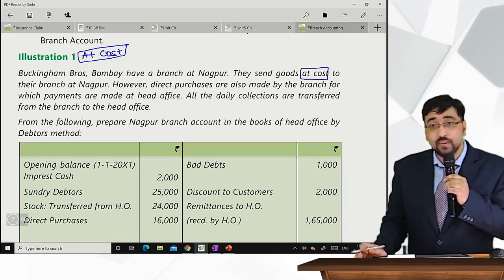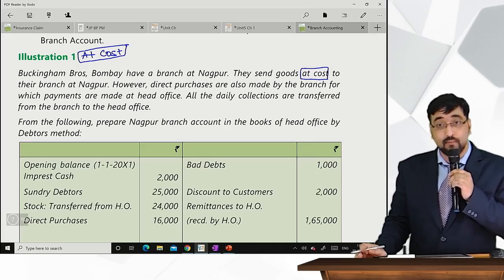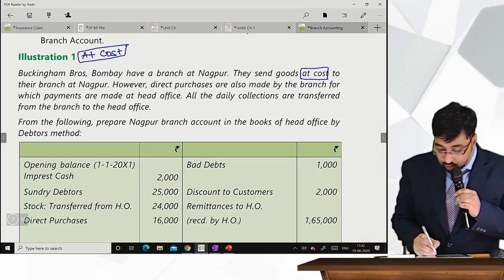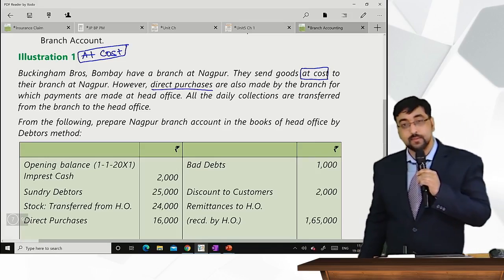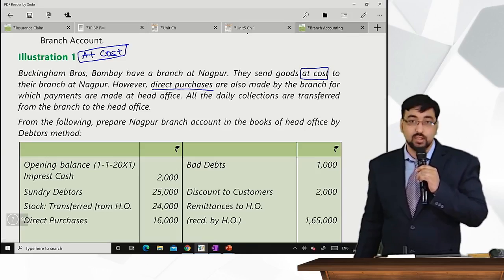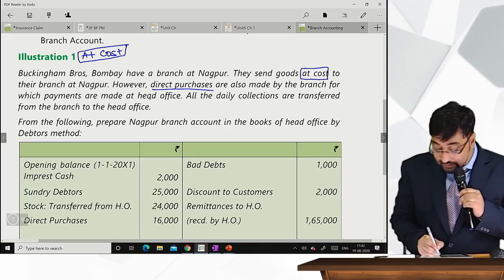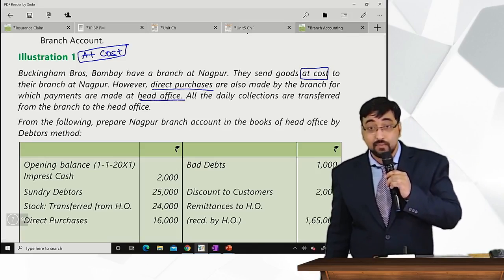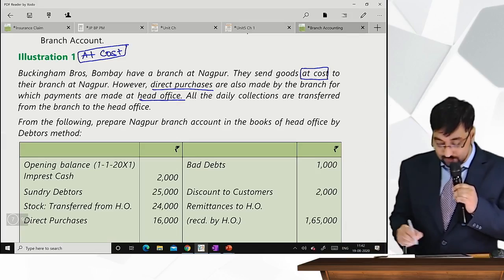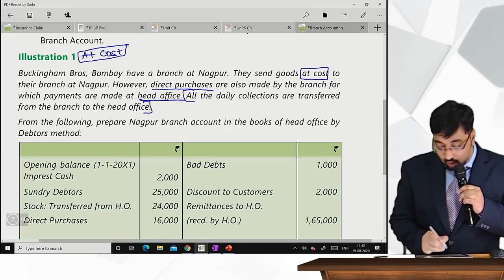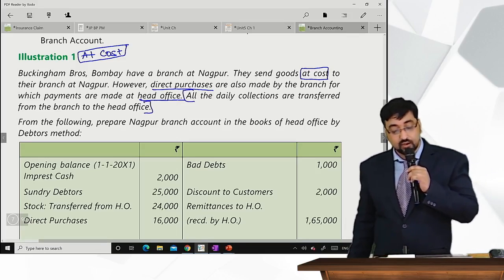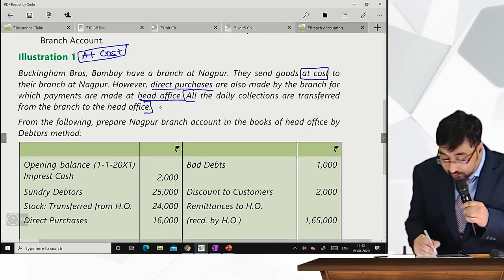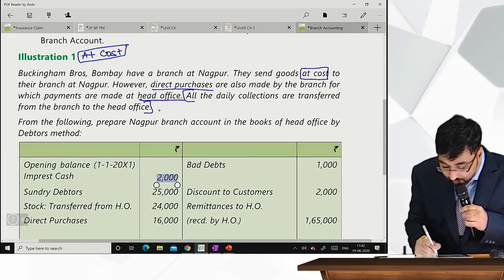However, direct purchases are also made by branch, for which payments are made at head office. So direct purchases are made by branch, and who is making payment? Head office. This sentence is very important. And the next sentence: all daily cash collections are transferred from branch to head office. It means no cash account is maintained by branch.